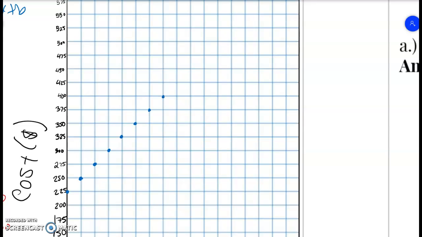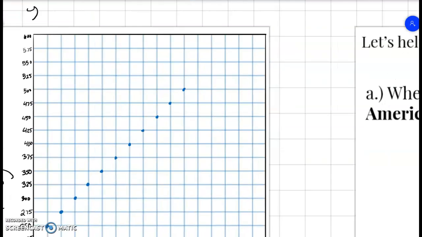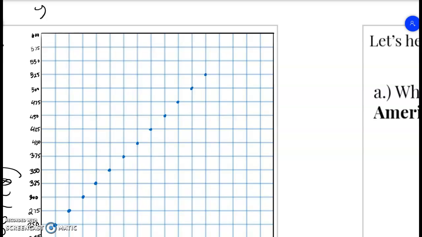Because remember, my y-axis is counting by 25s, and my x-axis is counting by 5s. So basically, I'm going up 1 over 1, all the way to the edge of my graph.